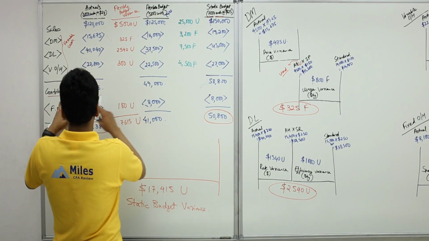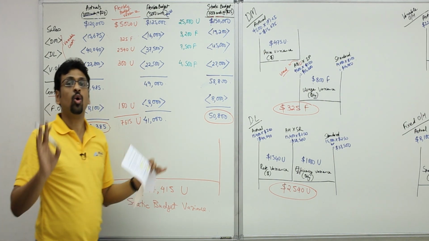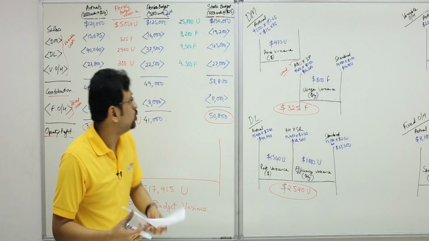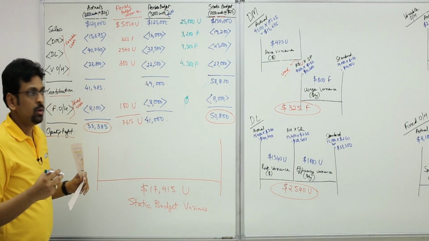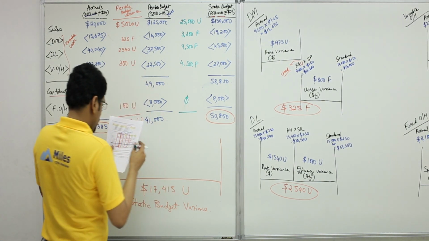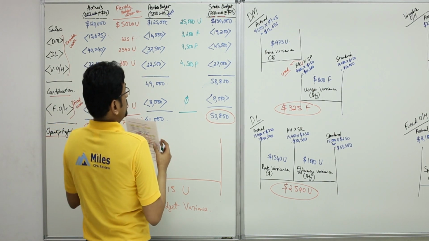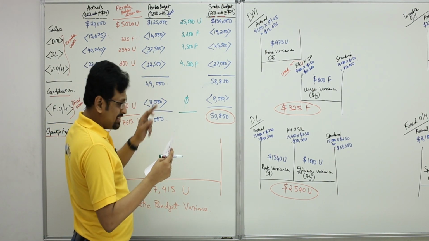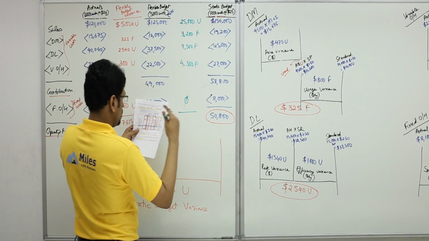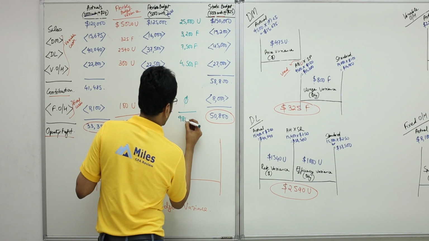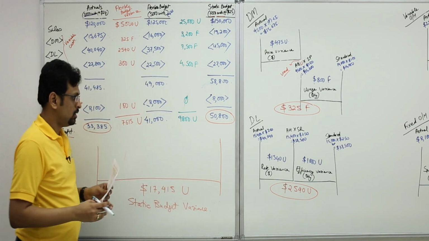Okay. Fixed costs. Now these are going to remain fixed, whether you do 6,000 units or 5,000 units. So this is going to be 0. So the total variance, total difference between the static budget and the flexible budget, this is $9,800 unfavorable.